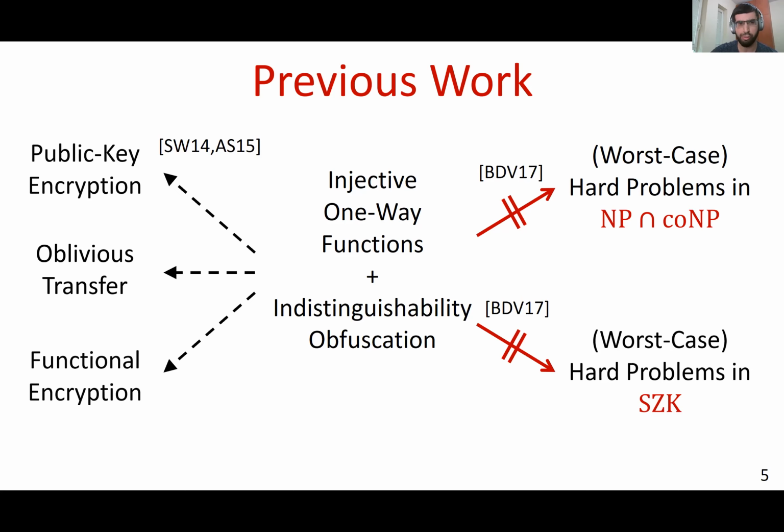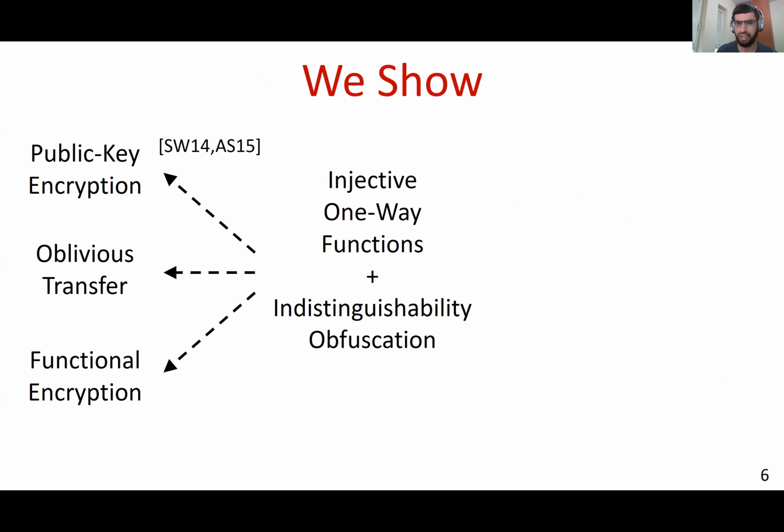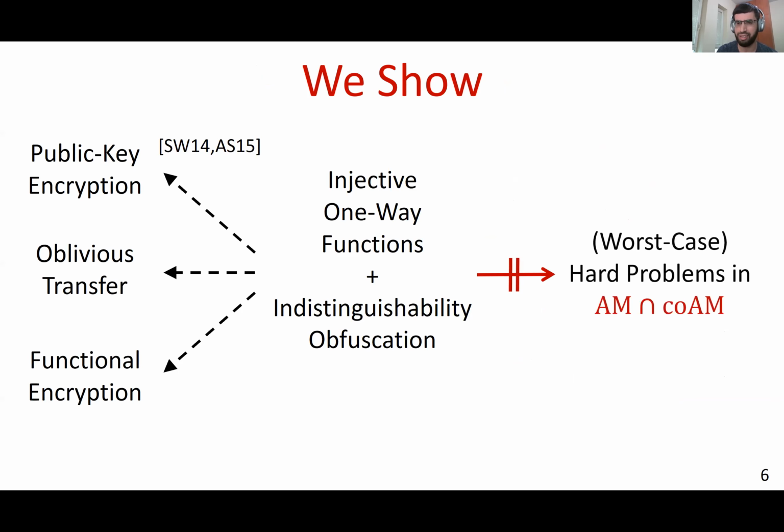These primitives do imply public key encryption, oblivious transfer, and functional encryption in a black box way. So a consequence of that is that all the primitives on the left-hand side do not imply the existence of a hard problem in NP intersect coNP or in SZK. Now, in our work, we show that these primitives do not imply the existence of a hard problem in AM intersect coAM.